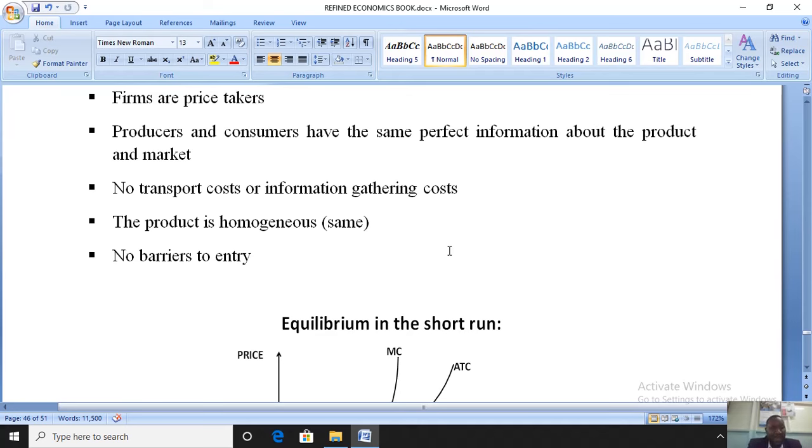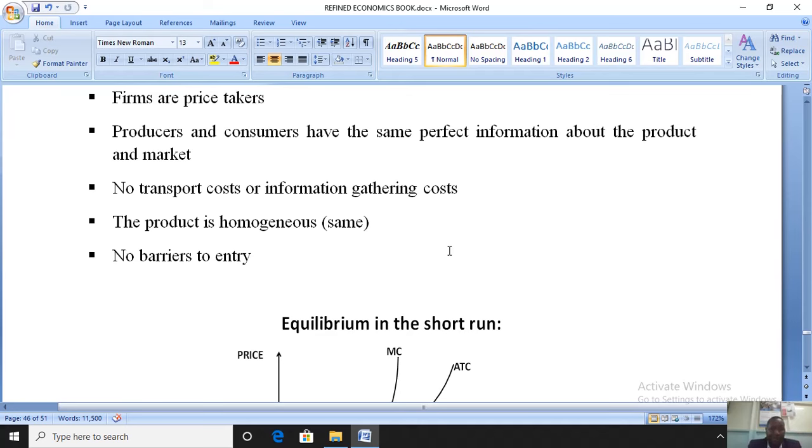Now, because there are no barriers to entry in this particular market structure, it simply means that firms can make supernormal profits in the short run, but firms cannot sustain the supernormal profits because of new entrants into the industry. What can prevent a firm from sustaining the supernormal profits is when there are no barriers to entry.